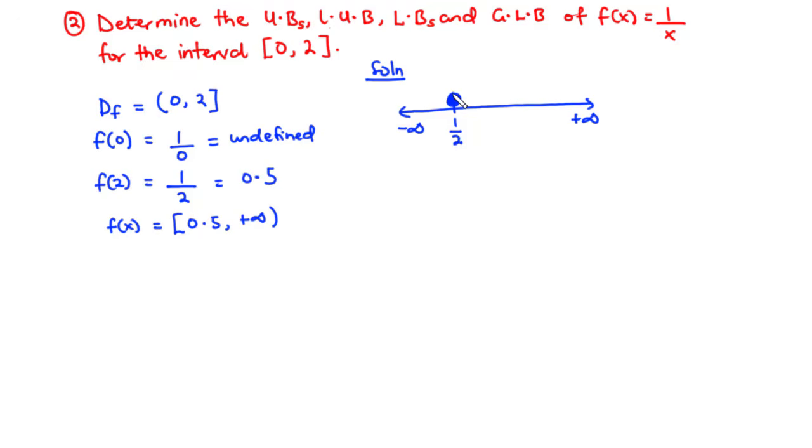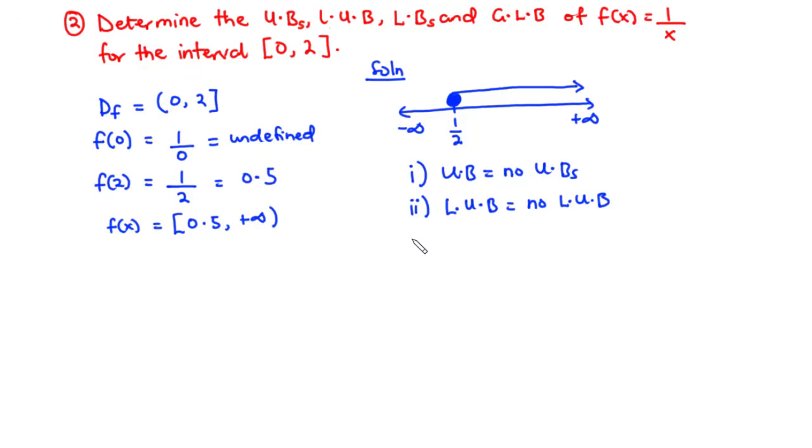So that's going to be to the right, including 1 over 2 and then to the right through to infinity. Therefore, since infinity is not a definite number, we say that there are no upper bounds. So for upper bounds, no upper bounds, and for the least upper bound, we have no least upper bound.